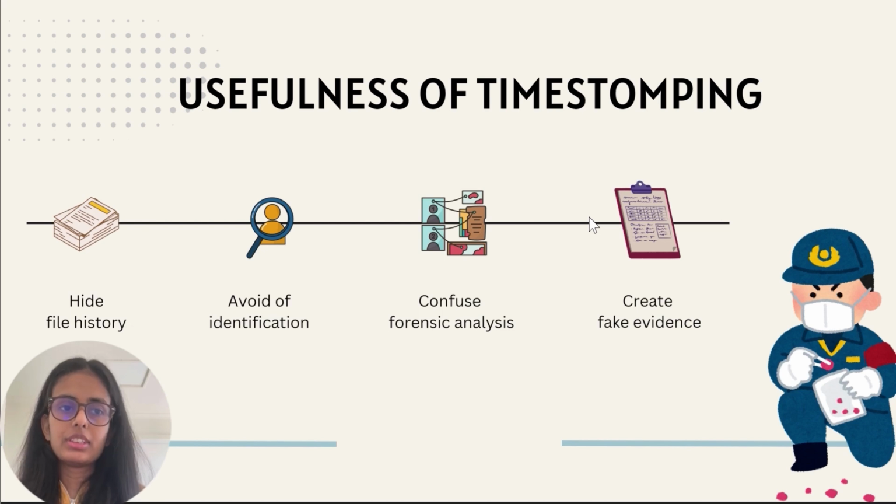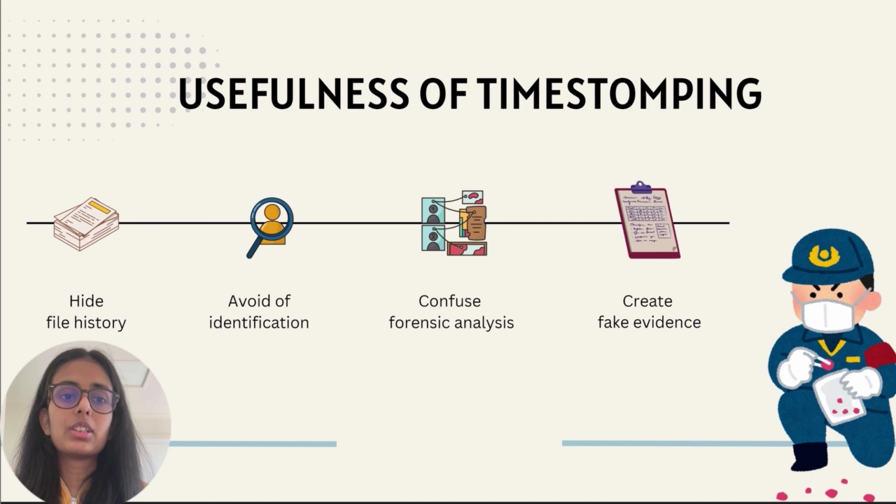The second use is avoiding identification. Time stomping can be used to avoid forensic investigations. For example, if a malware was put on a computer a long time ago, and the history is changed using time stomping, it might not be flagged as a recent threat, so it will be less likely to be detected.